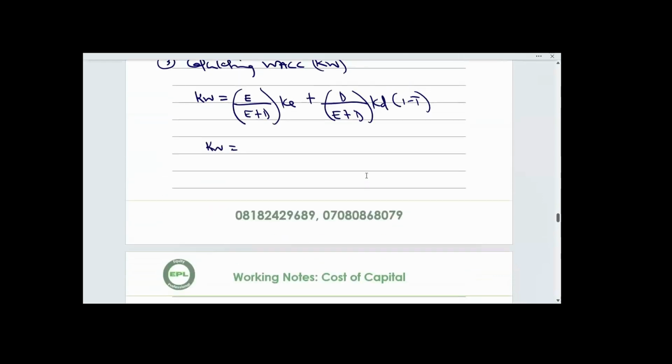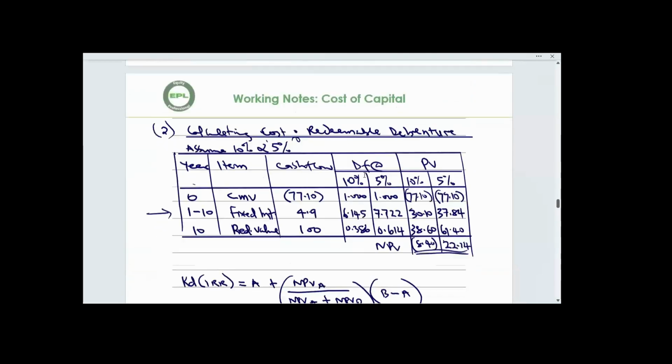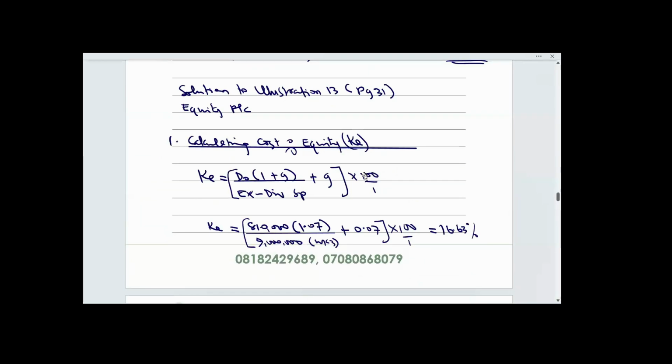So the market value of equity we calculated is 9 million, divided by the total market value of 10 million, 2,300 naira. Then multiply by the cost of equity, which we calculated to be 16.63%.